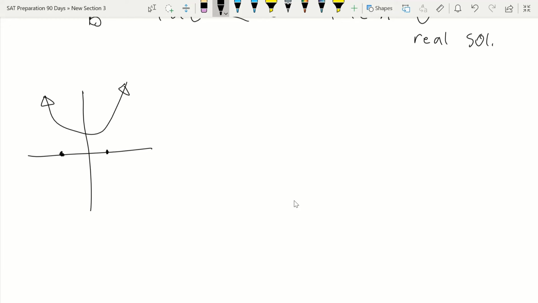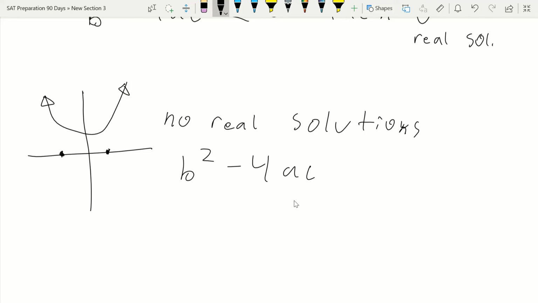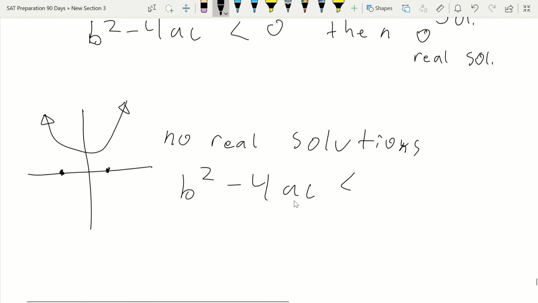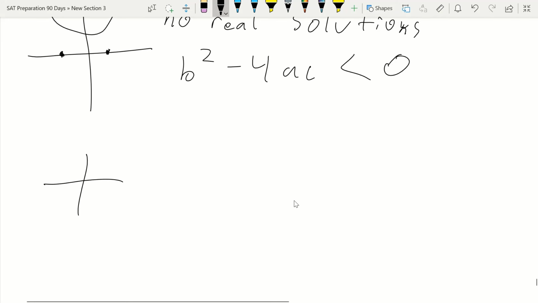We have to cross the x-axis to have a real solution. So this would be no real solutions. And what does that tell us about b squared minus 4ac? Since there's no real solutions, it has to be less than 0, so it's negative.